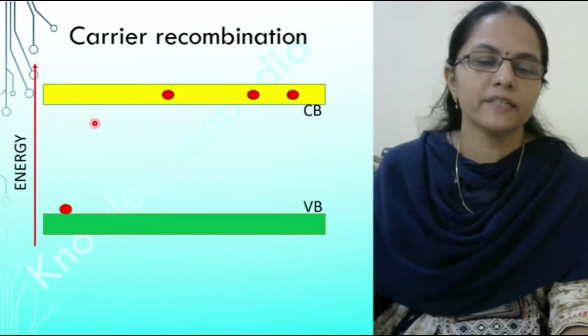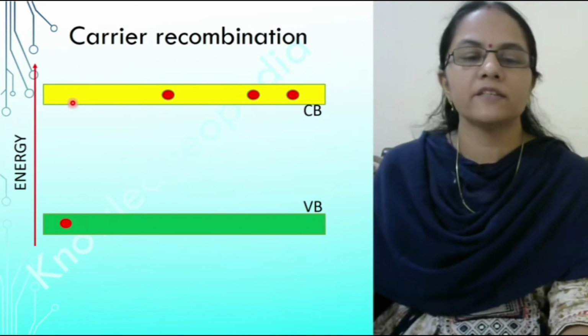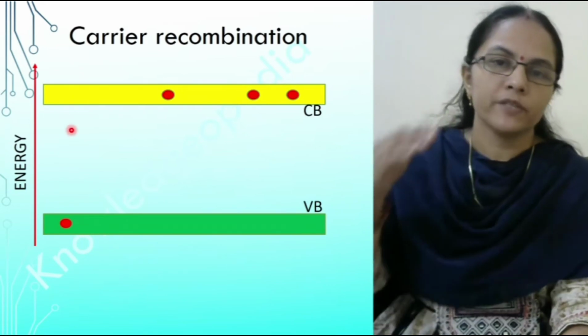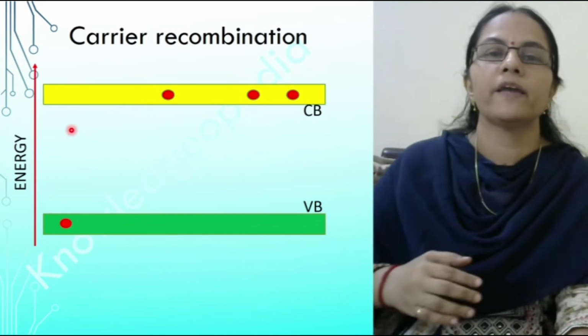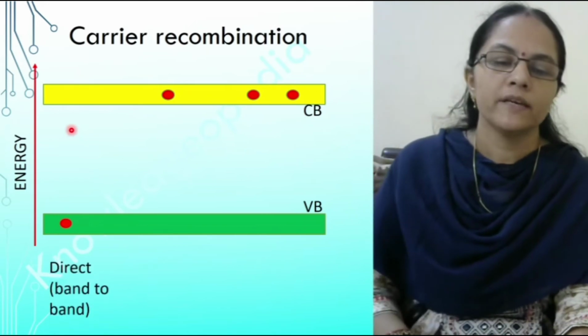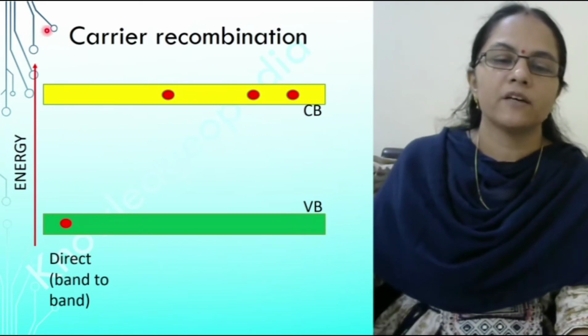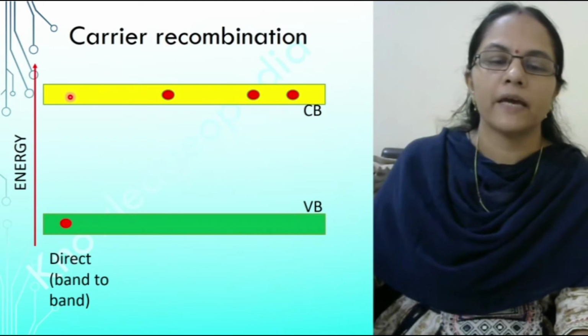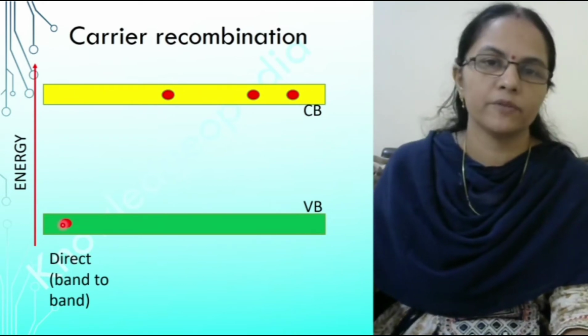In the first case, this electron is coming directly to the valence band. It is not stopping in between. So this direct transition from the conduction band to the valence band is known as direct or band-to-band recombination. It comes from the conduction band directly to the valence band and recombines with a hole over there.